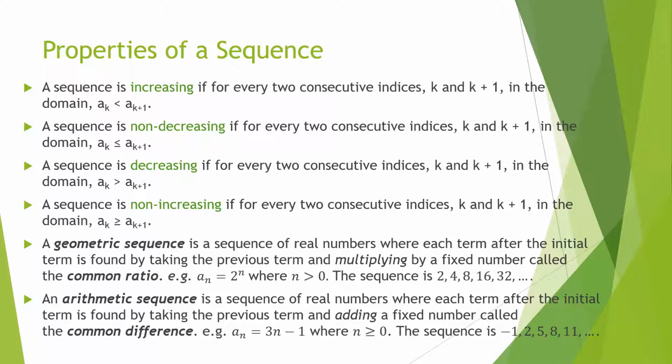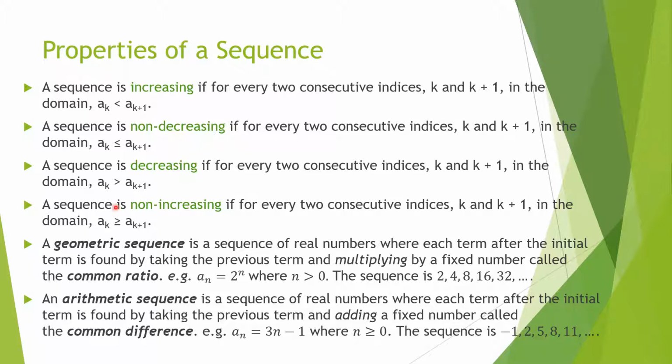Okay, same for decreasing and non-increasing. A sequence is decreasing if for every 2 consecutive indices k and k plus 1, a_k is greater than a_(k+1). So when you have 2 consecutive terms, the one with a lower index is greater.